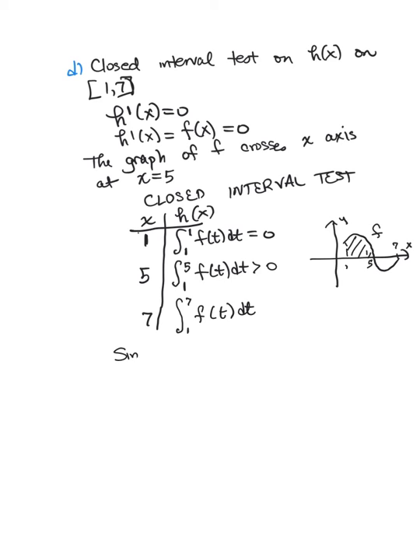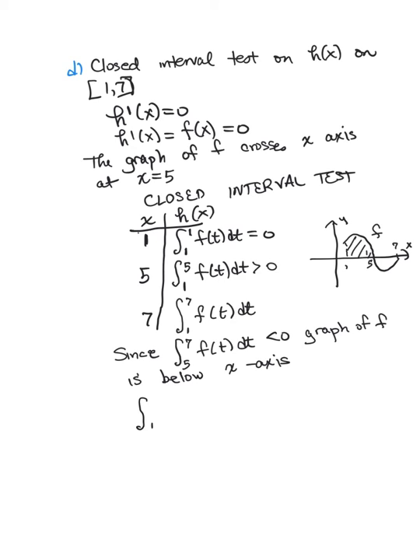Since the area under f from 5 to 7 has to be less than 0, since the graph of f is below the x-axis, if we add that to the definite integral from 1 to 5 of f of t dt, plus the definite integral from 5 to 7 of f of t dt, this is negative, this is positive, and the sum of a positive and a negative could either be positive or negative.